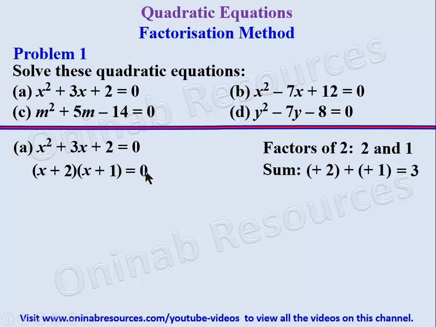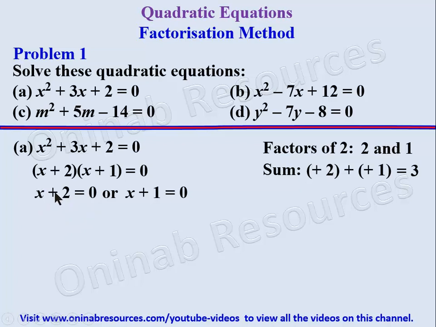Then we can now go ahead to equate it to 0 to enable us solve the quadratic equation. Since the product of two numbers or expressions is equal to 0, it means either x plus 2 is equal to 0 or x plus 1 is equal to 0. We can now solve these linear equations to get the values of x.